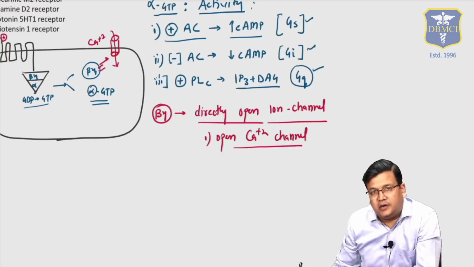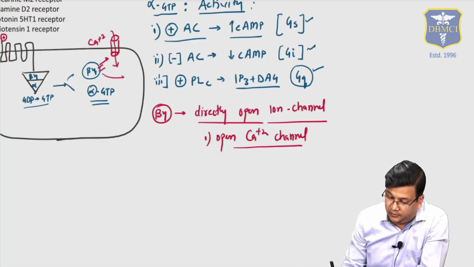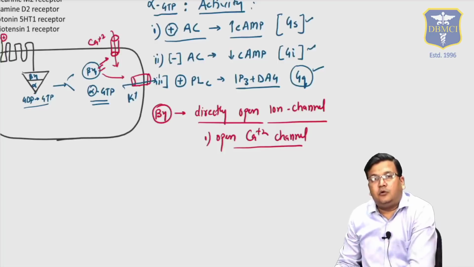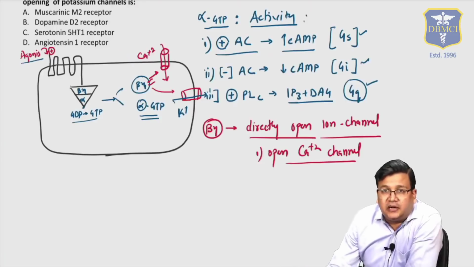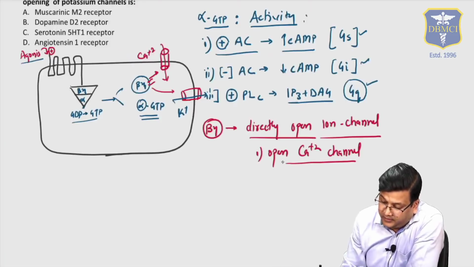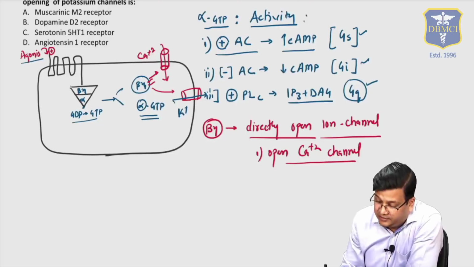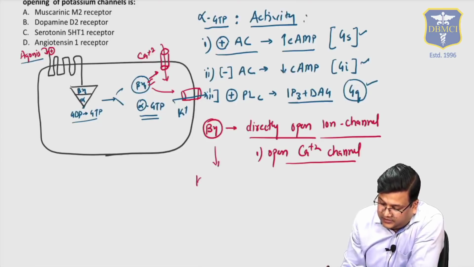In addition to that, this can go and open some potassium channels. And whenever a potassium channel opens, potassium will go outside because it is more inside the cell. So this beta gamma subunit, in addition to acting on calcium channels, can directly open some potassium channels also.